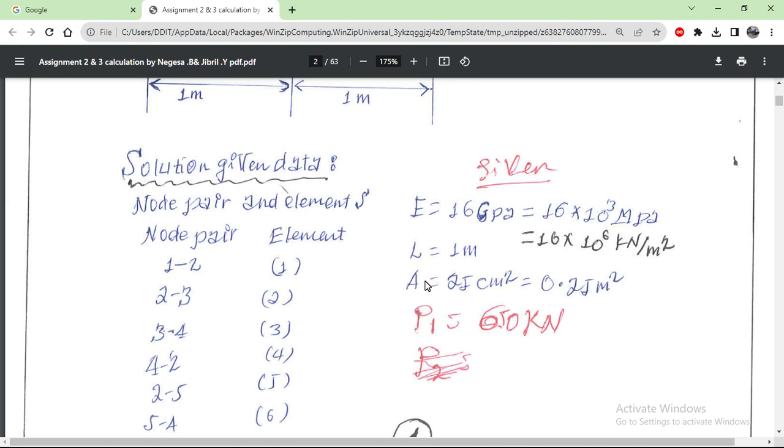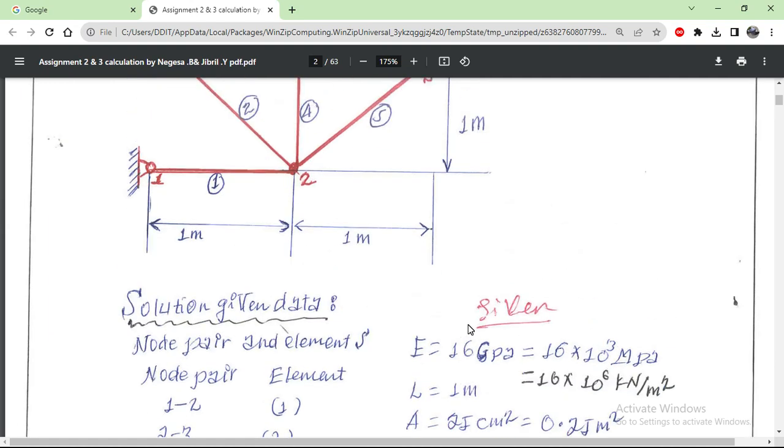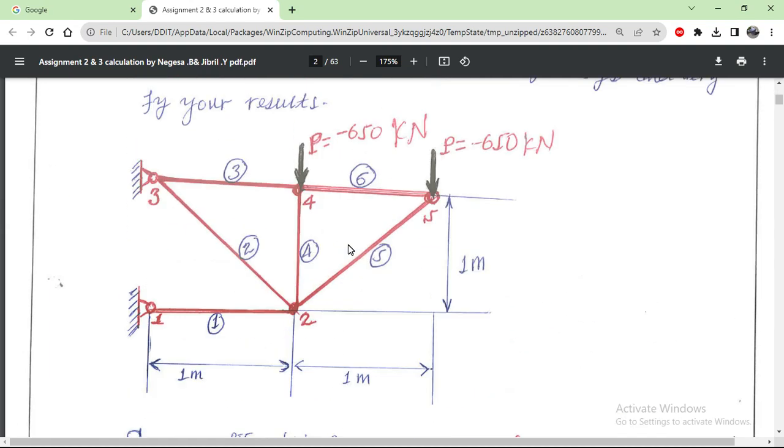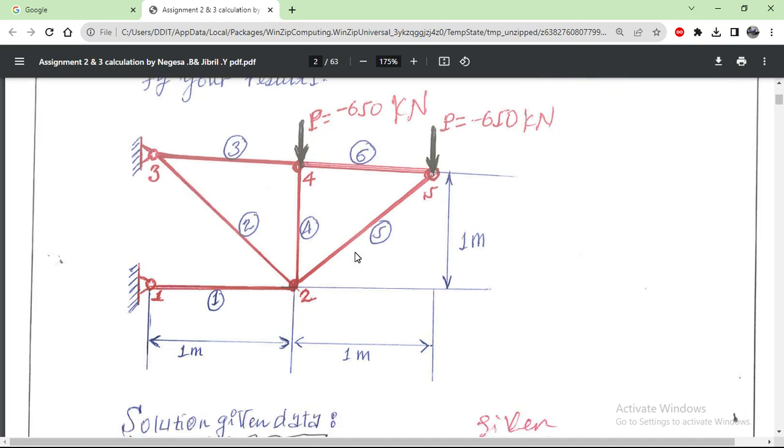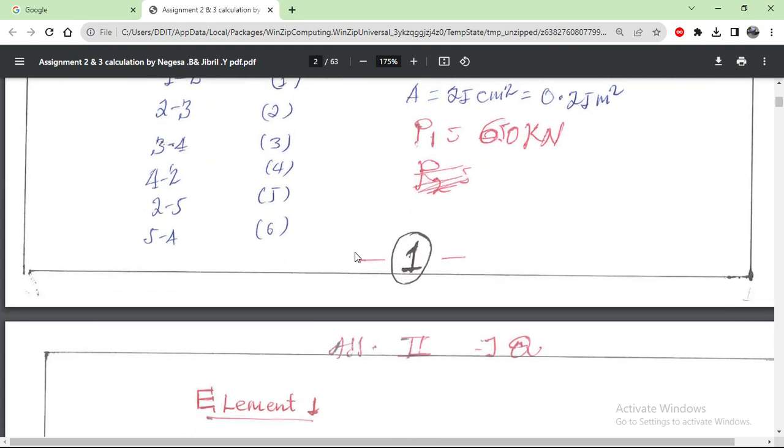The given area is equal to 25 centimeter squared, which we convert into 0.25 meter squared. The load at points number 4 and 5 is 650 kilonewtons. The downward direction shows that it is negative.